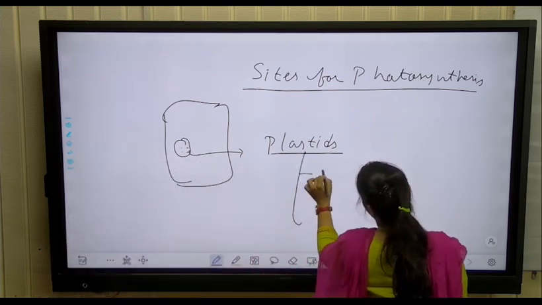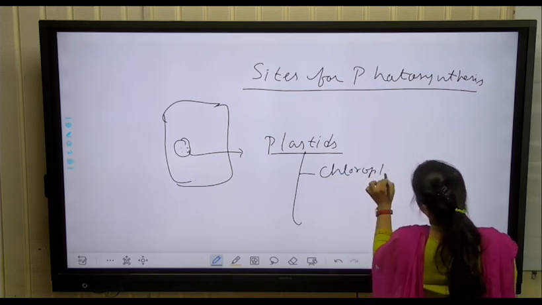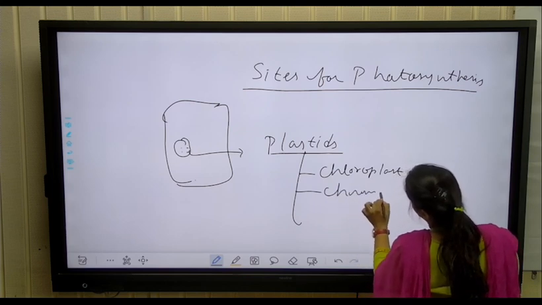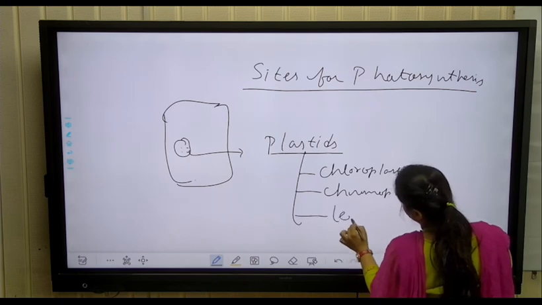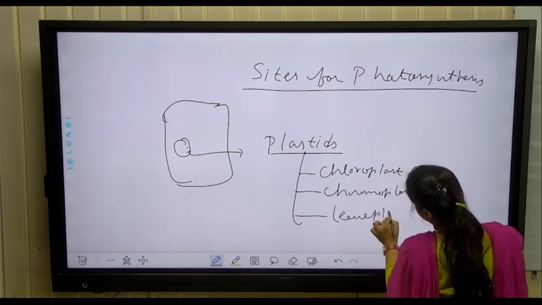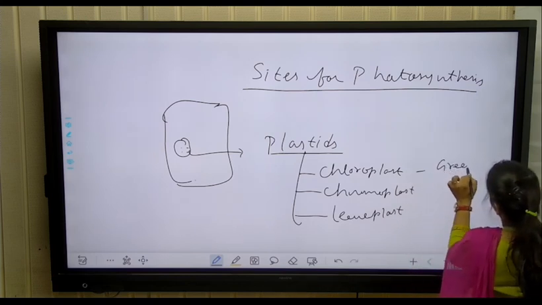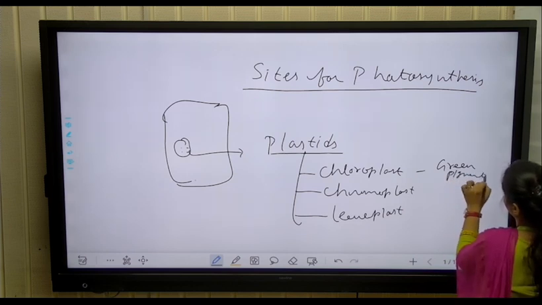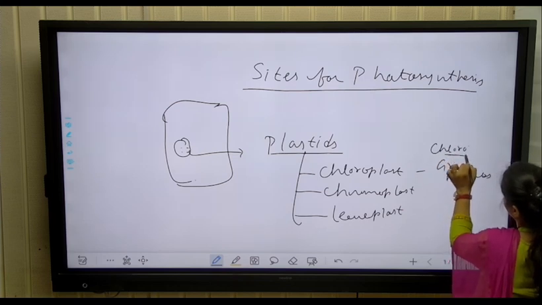They are of three types: chloroplast, chromoplast and leucoplast. Chloroplasts are green pigment containing organelles, and the pigment is known as chlorophyll.